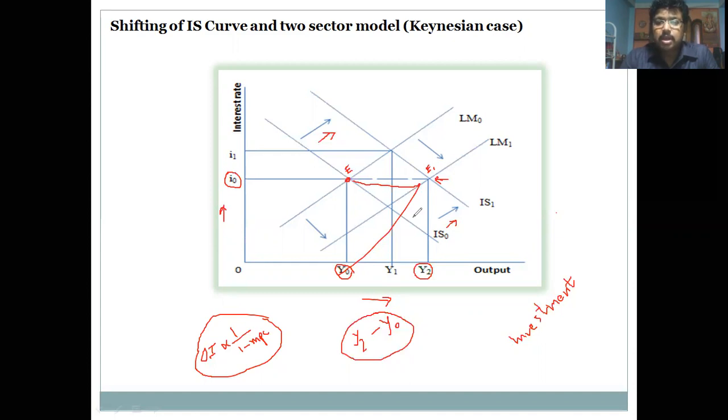But there is also an increase in the demand for money to fulfill the demand for output.